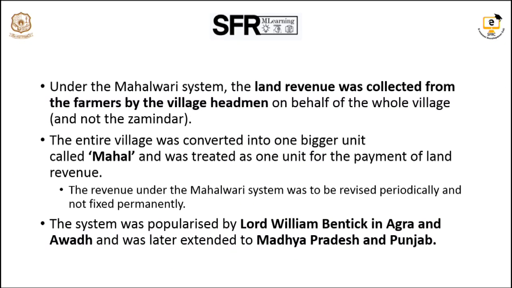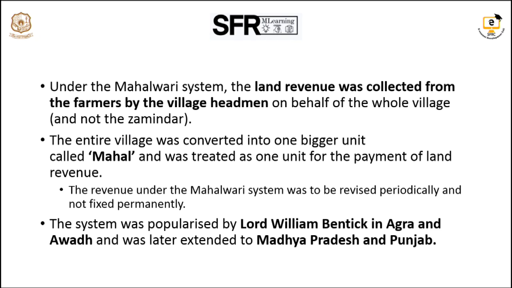Under the Mahalwari system, the land revenue was collected from the farmers by the village headman on behalf of the whole village. So on behalf of the whole village, instead of zamindars, some other person, the village headman, collected the land revenue for the whole village and produced it to the British company. The entire village was converted into one big unit, called a Mahal.